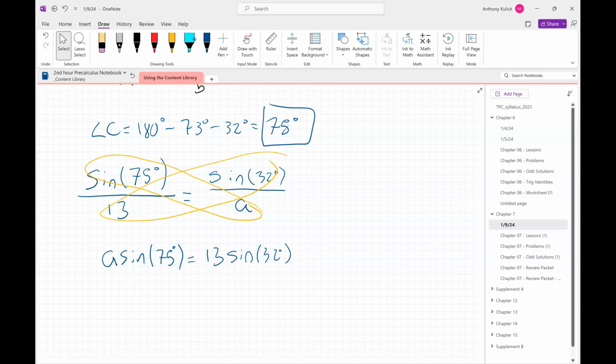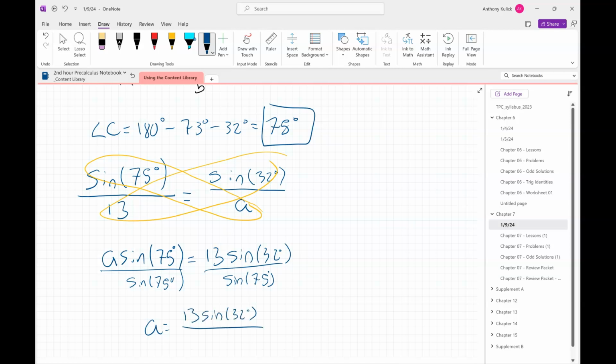The next step would be to divide by sine 75 to get the A by itself. Does everybody feel okay with what I've done here?